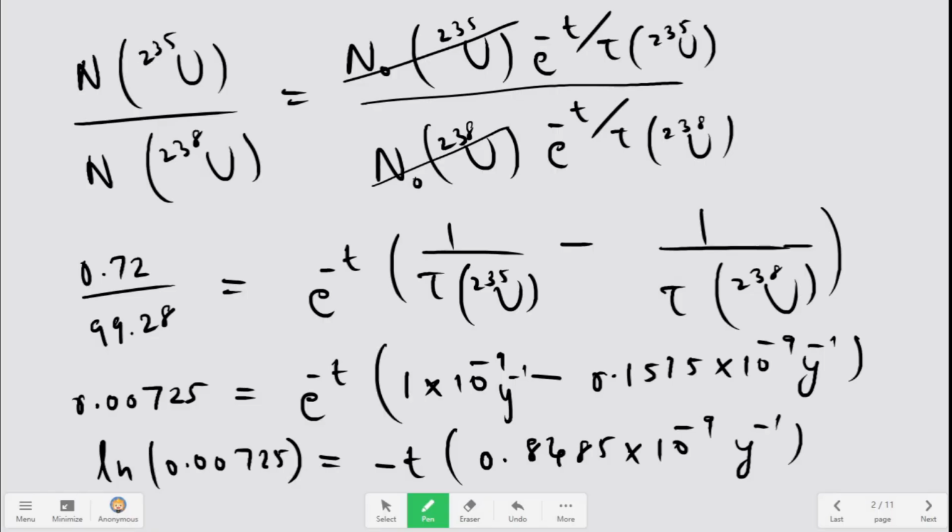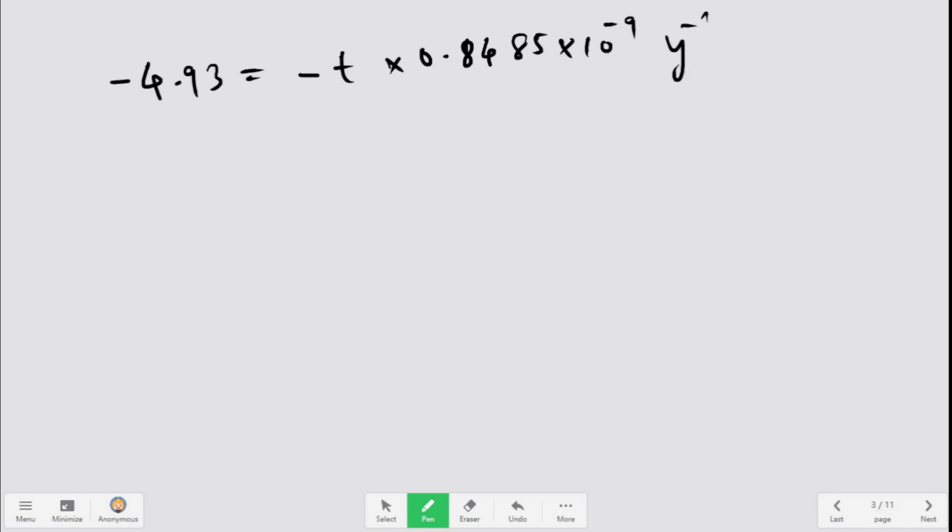ln of 0.00725 is minus 4.93. So we have minus 4.93 is equal to minus t times 0.8485 times 10 raised to minus 9 per year.